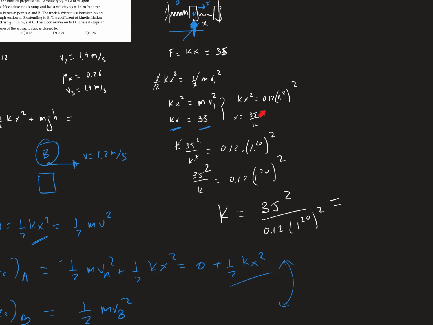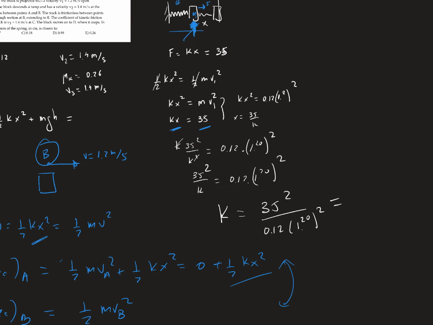So x is 35 divided by k. I plug it in on the x squared, so k equals 35 squared divided by k squared. K is 35 squared divided by 0.12 times 1.20 squared, so the k is this one, yes.